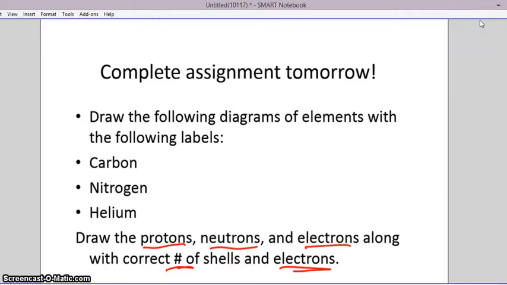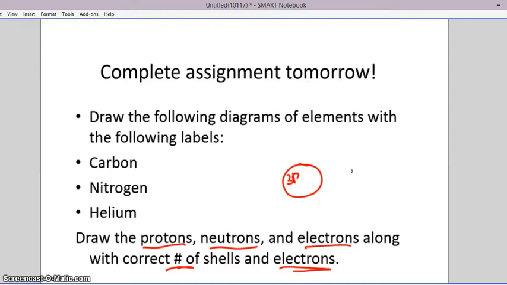All right, so we're going to go ahead and draw lithium. So this is what I want you to do. So here's a circle. So I said the atomic number was 3. So it has 3 protons and it has 3 electrons. But I can't put my electrons on there yet because I don't know how many shells it has.